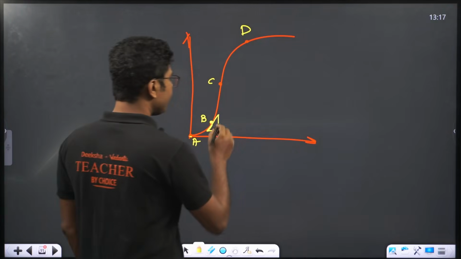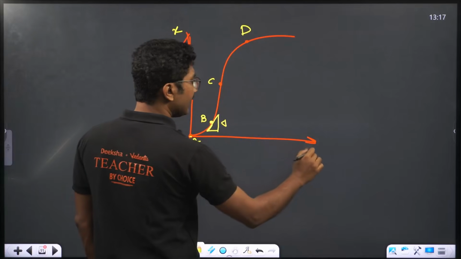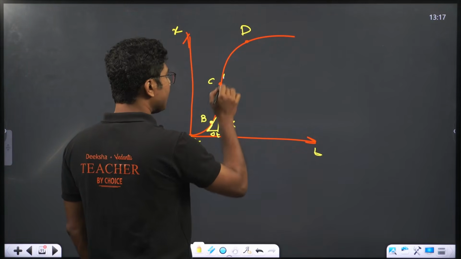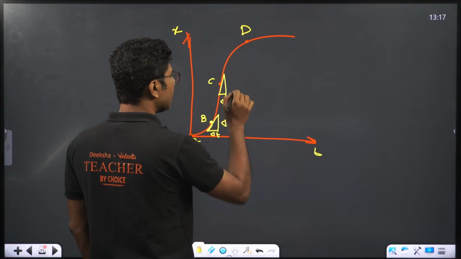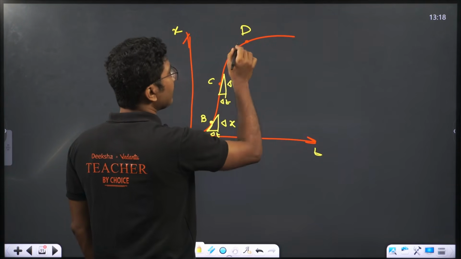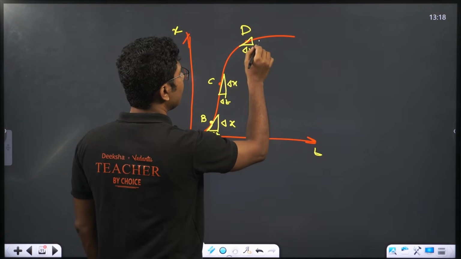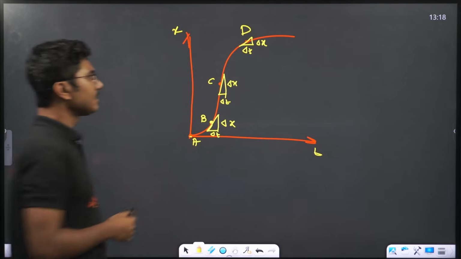This is my position x, this is my time t, so delta x by delta t. If you take the same time interval here as well, you will see this is delta t, this is delta x, and here as well, delta t, delta x. So which graph has a longer delta x compared to delta t?